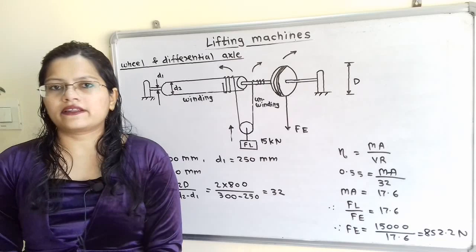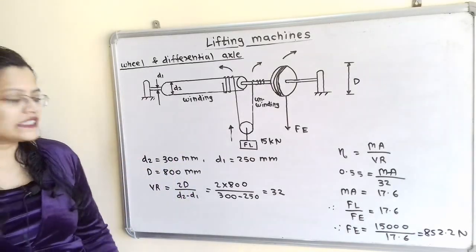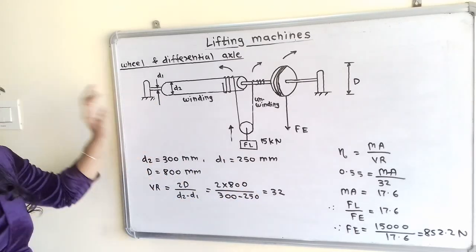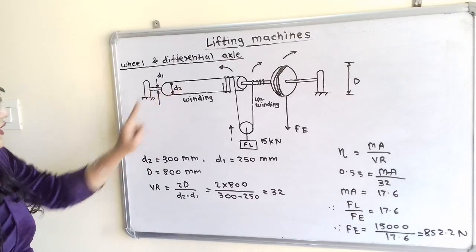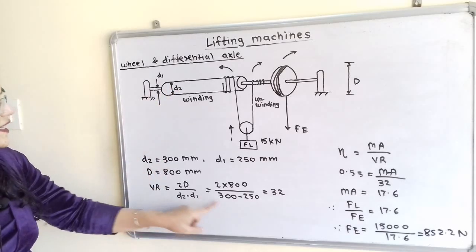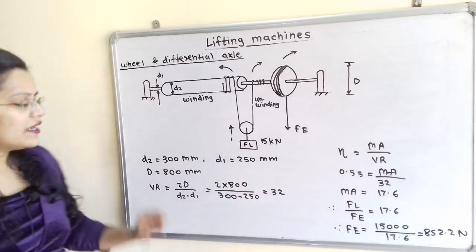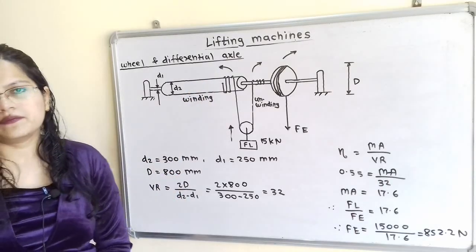Let us understand the given data. Diameters of the differential axle are given as 300 mm and 250 mm. Now if we observe this diagram, D2 is greater than D1. So D2 is equal to 300 mm and D1 is equal to 250 mm. Diameter of the wheel, that is capital D, is equal to 800 mm.